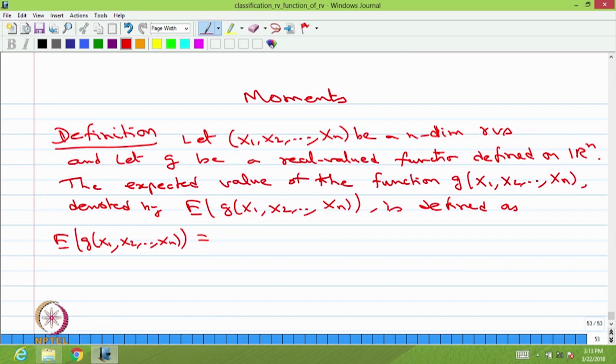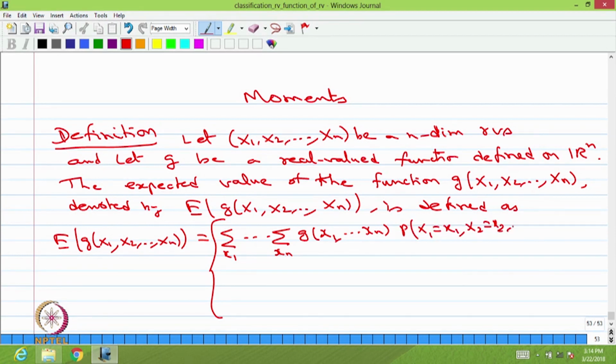Suppose X1, X2, Xn are discrete type random variables, then this is n summations, the first with respect to x1, the second with respect to x2 and so on, the last with respect to xn, of g of x1 and so on xn, times the probability that X1 takes the value x1, X2 takes the value x2 and so on, Xn takes the value xn, when all these random variables are of the discrete type.